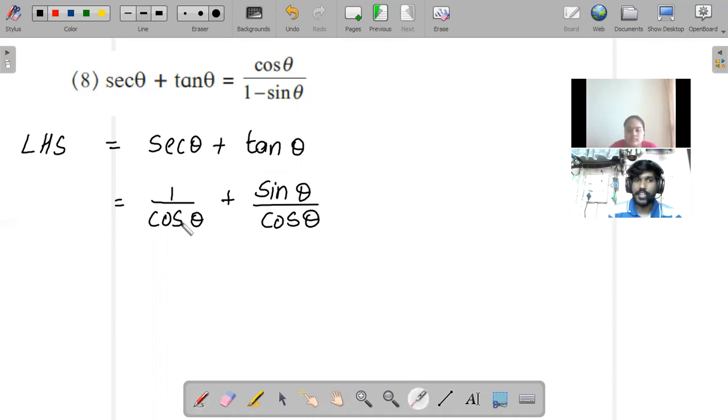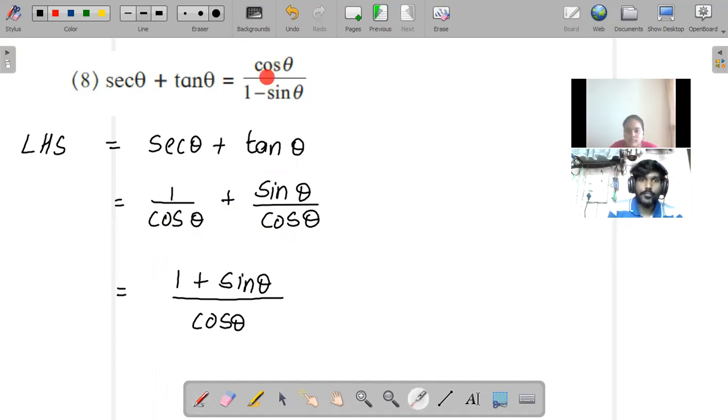Now note one thing, both are fractions and both have same denominator. Cos theta here, cos theta here. So you can take the denominator common. So we have cos theta and then directly add the numerator 1 plus sine theta. Did you understand up to here? Okay.